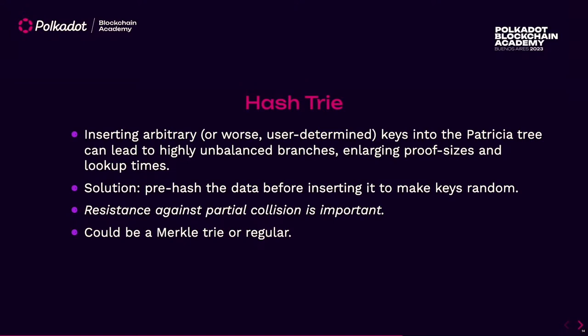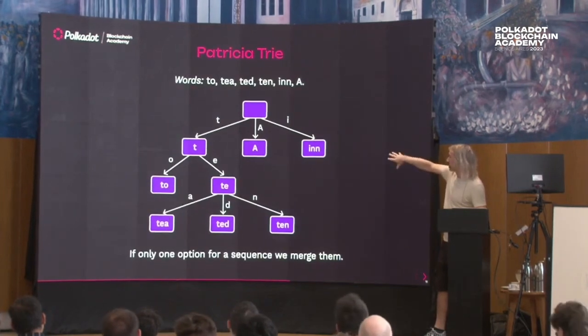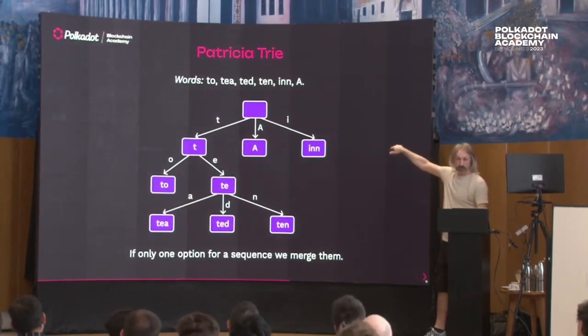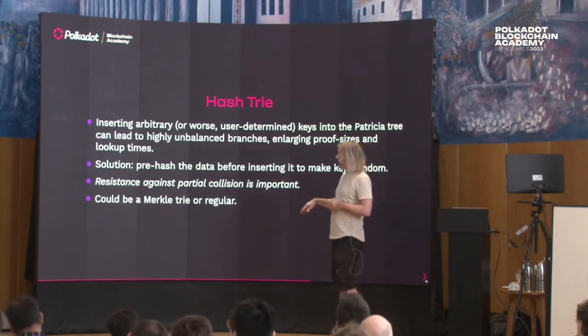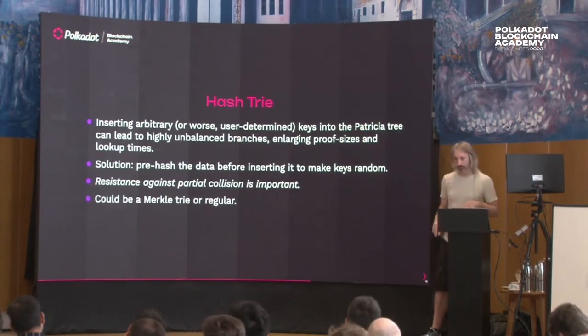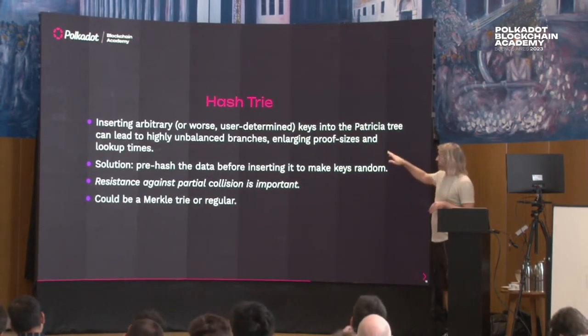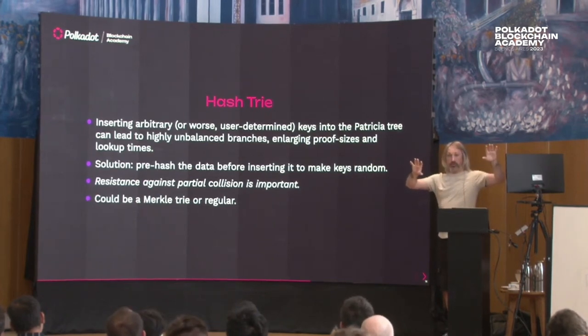Now, working with a Merkle-Patricia trie, so a Patricia trie that uses hashes as its links. If we insert any old data, we may end up with very unbalanced routes, right?